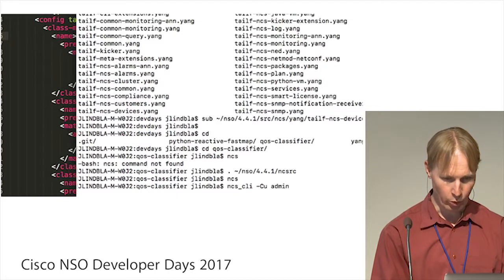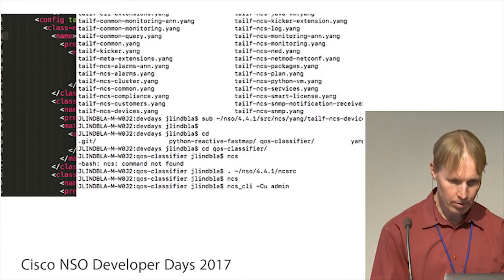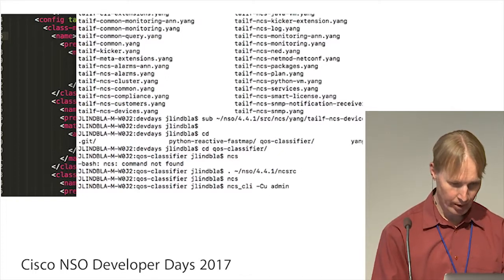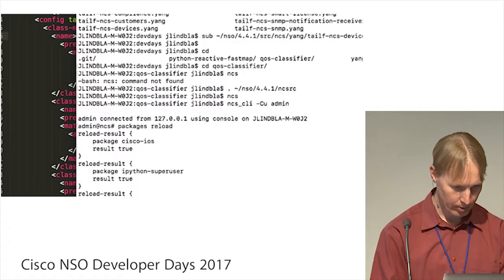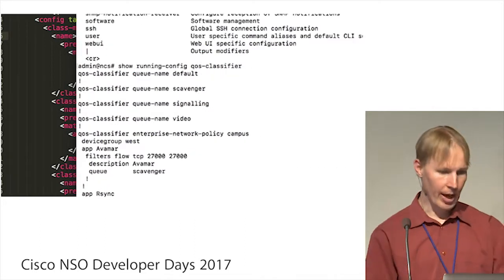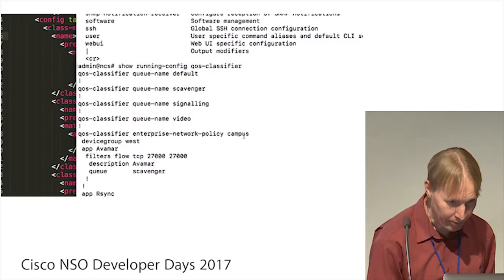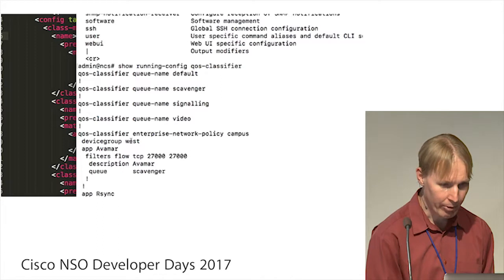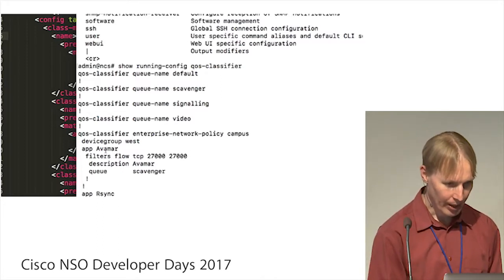Okay, I can just quickly show you that I have the system that we just saw up and running. So if I do a show full or show running CrossClassifier, I have an enterprise network policy for the campus. I have a few queues, default, scavenger, signaling and video, and I've defined a device group called West with a couple of devices, and 3 applications.